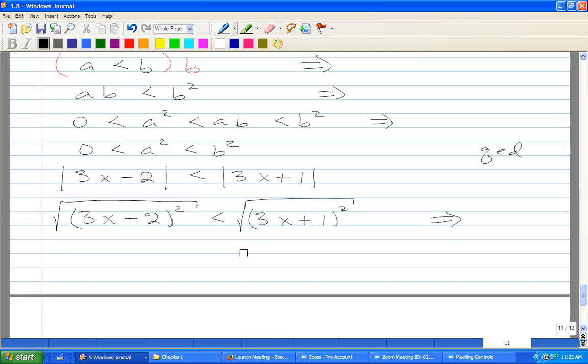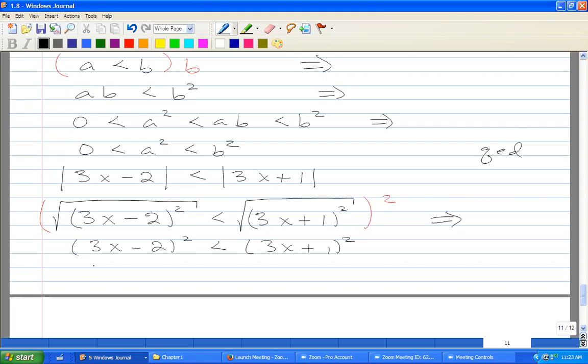Each of these are positive, and so I have that A is less than B, and these are both positive, so by the above lemma, I can just square both sides. And then the inequality won't switch, and that's what I was showing. And so I have that 3x minus 2 squared is less than 3x plus 1 squared.